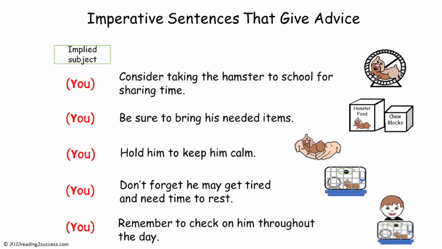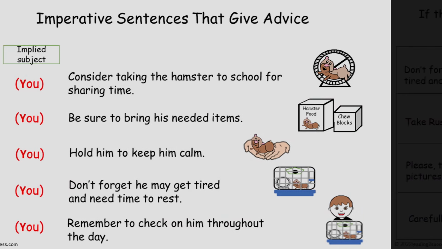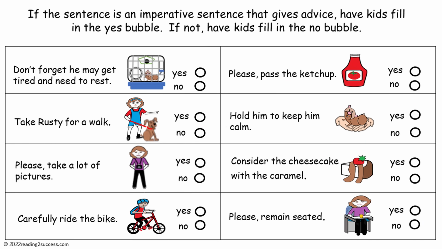Now with kids, read the imperative sentences that give advice. Consider taking the hamster to school for sharing time. Be sure to bring his needed items. Hold him to keep him calm. Don't forget he may get tired and need time to rest. And remember to check on him throughout the day. Have kids complete this practice page.